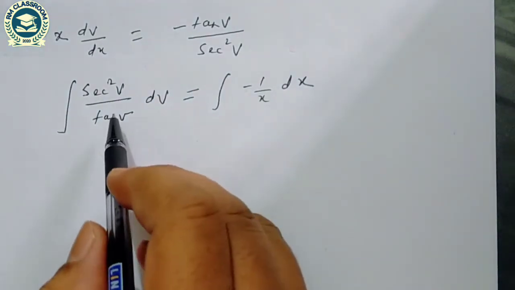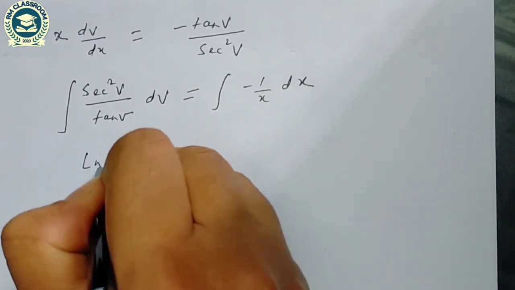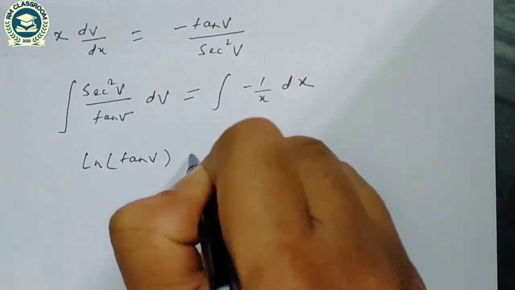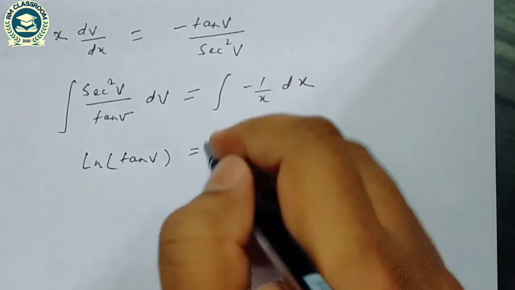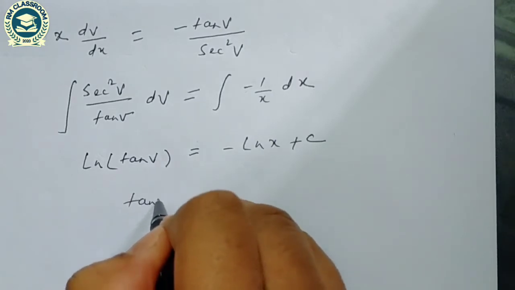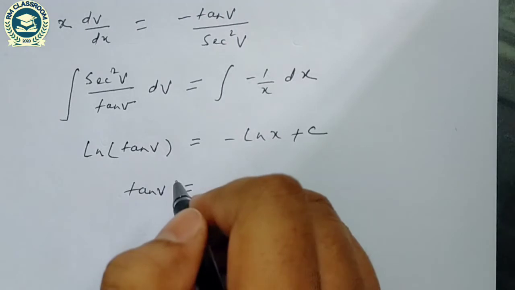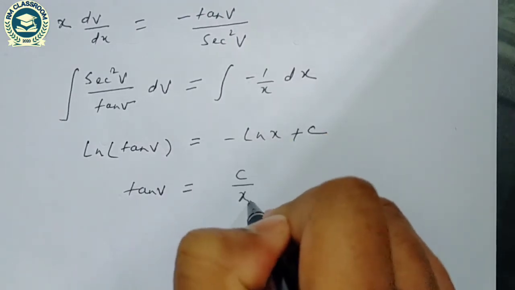So sec square v by tan v dv, the integration of this is ln tan v is equal to minus ln x plus c, or tan v is equal to c by x.